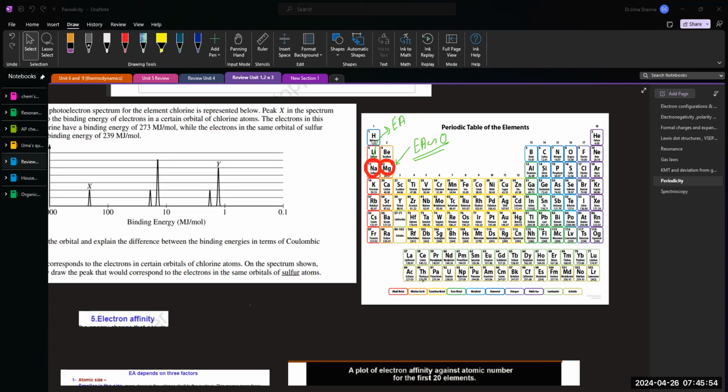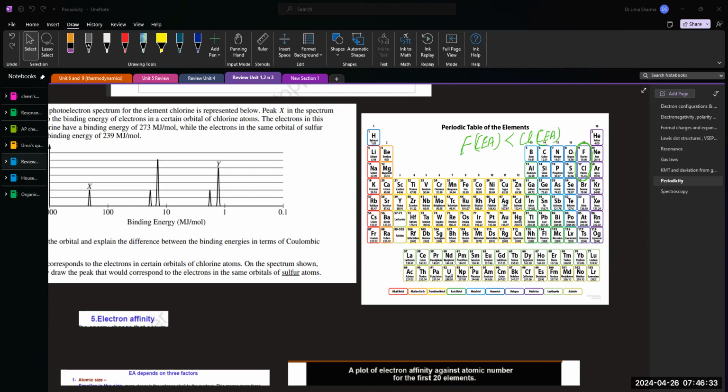Now, based on size and everything, if I ask you to compare fluorine with chlorine, down the group only size is the factor. Which one should have higher electron affinity? But it's the reverse. This is exceptional. Fluorine electron affinity, and this can be a question in the exam, is lesser than chlorine.